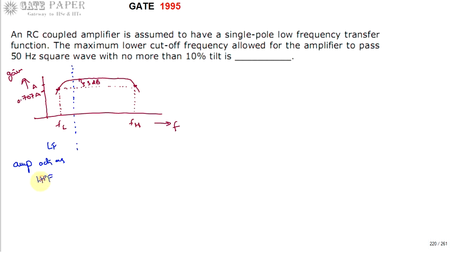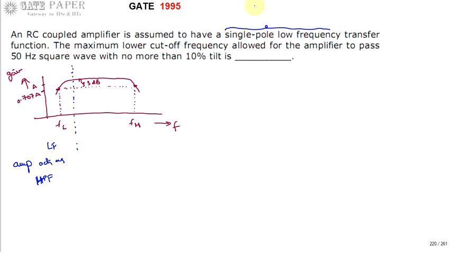A high pass filter, as the name implies, passes high frequencies starting from a lower cutoff frequency. All the frequencies above FL are treated as high frequencies, and below FL as low frequencies. So a high pass filter passes all frequencies starting from FL, and that too with the given single pole low frequency transfer function.